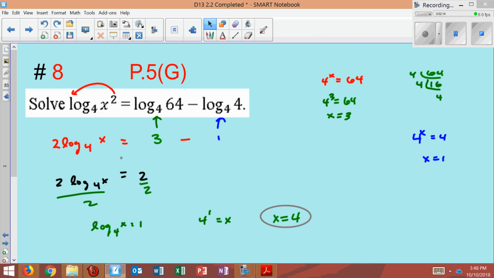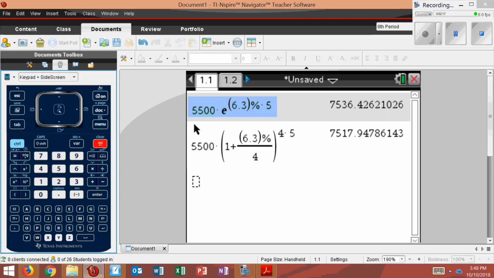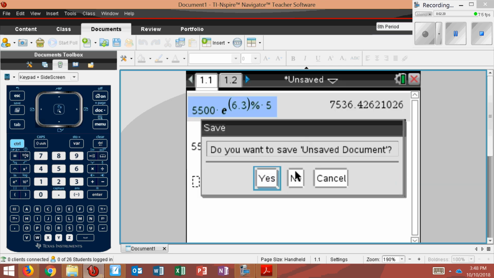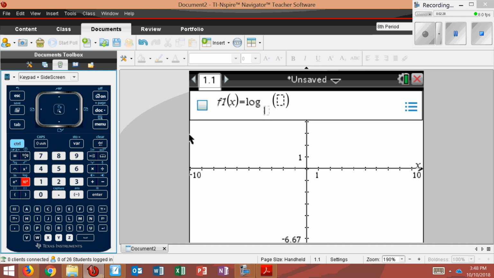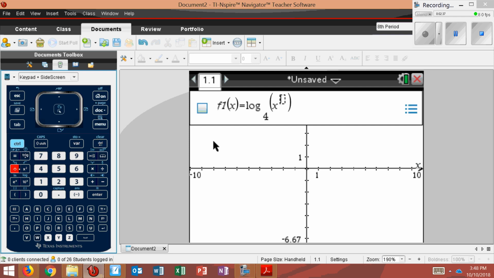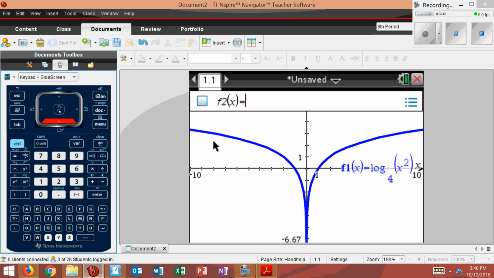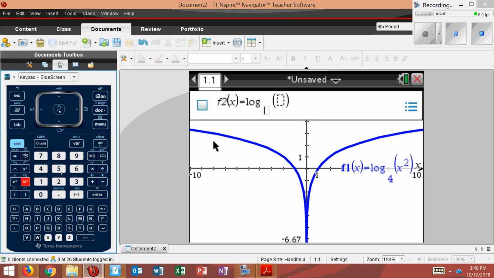Now, if I wanted to check my answer, again, just the way I said from the start, go to your graph, and the first equation, we'll do log base 4 of x squared, whoops, x squared, there it is, and that's all going to equal, it was log base 4 of 64 minus log base 4 of 4.